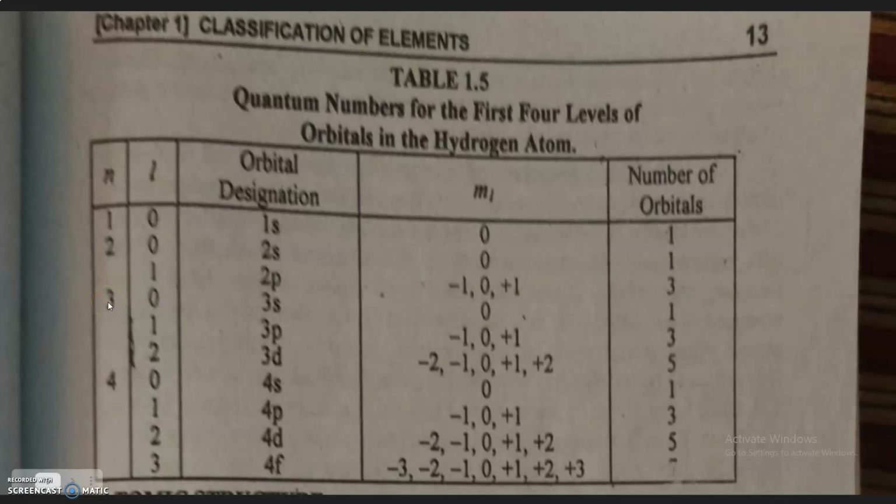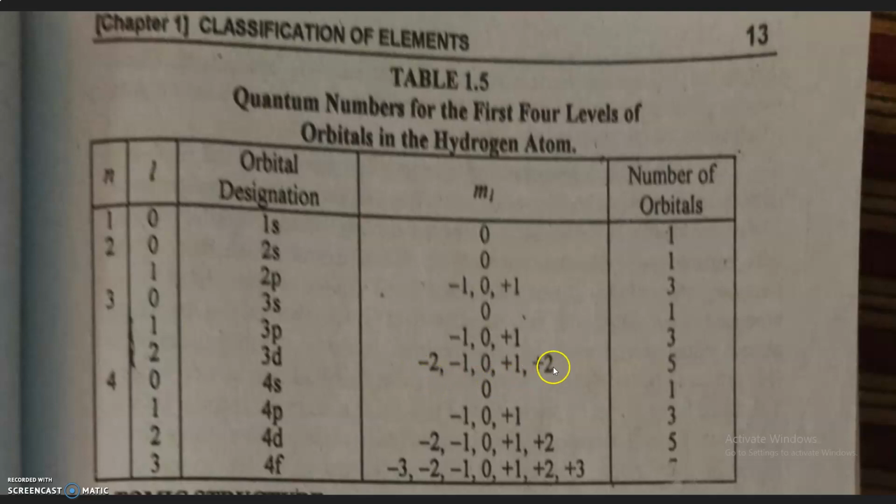If the principal quantum number is 3, the azimuthal quantum number can go up to 3 minus 1, which is 2. So you will go from 0, 1, 2. The orbital possibilities will be 3s, 3p and 3d. The magnetic quantum numbers are -2, -1, 0, +1, +2.